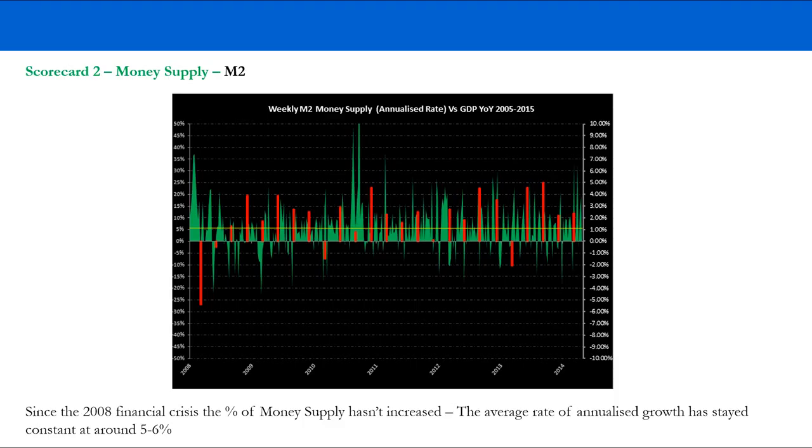So basically have more weeks around 5-6% than in the past. And if you do those two things, you can have a percentage increase in the weekly annualized rate that stays the same, but the nominal number accelerates or goes up.